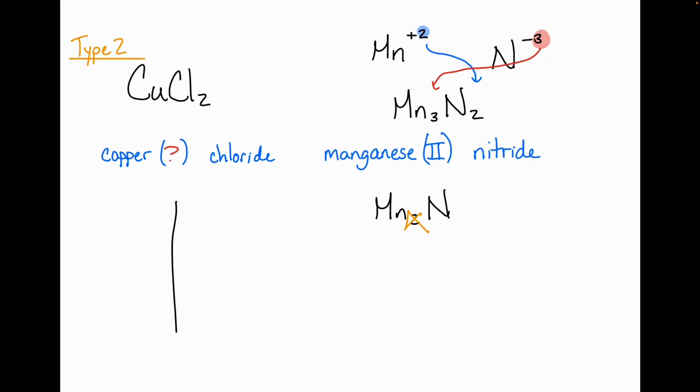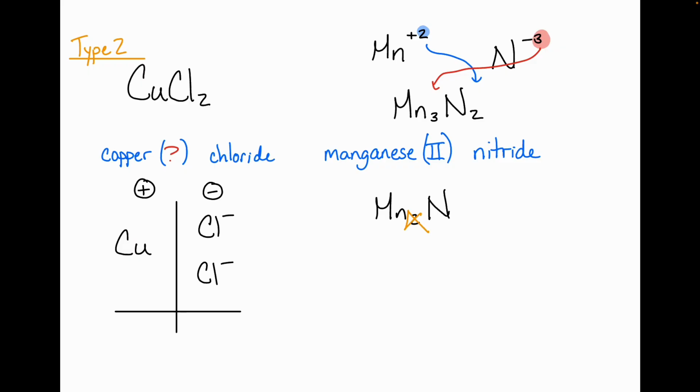Well, let's keep track of all of our positive charge on one side and our negative charge on the other. In this formula here, I have a positively charged copper ion and 2 negatively charged chloride ions. What's the charge on each of those chloride ions? -1.